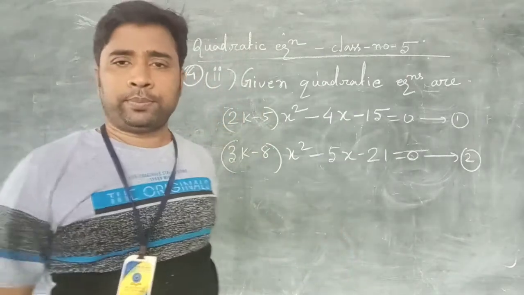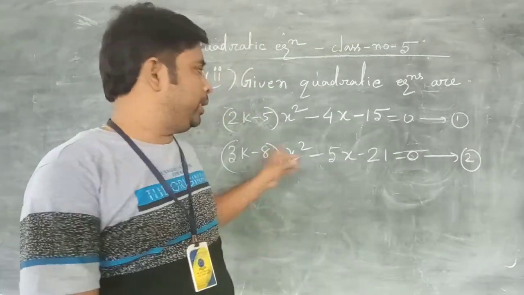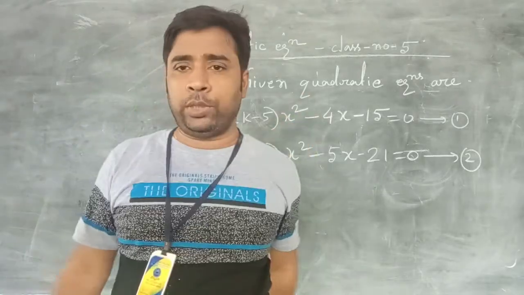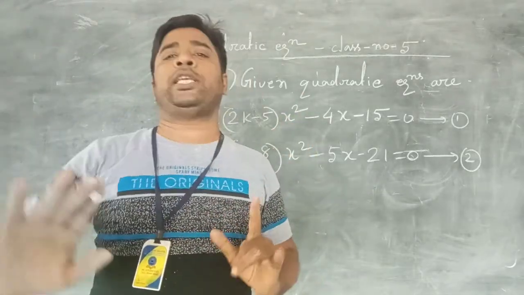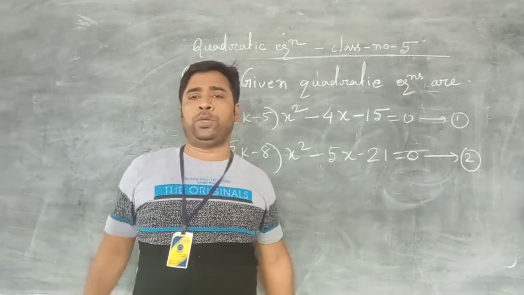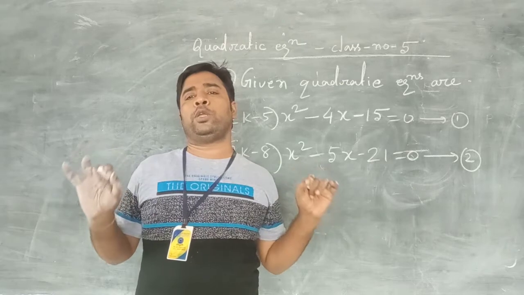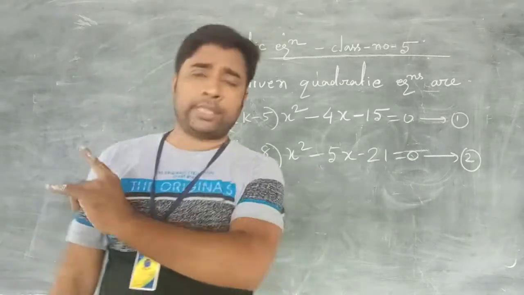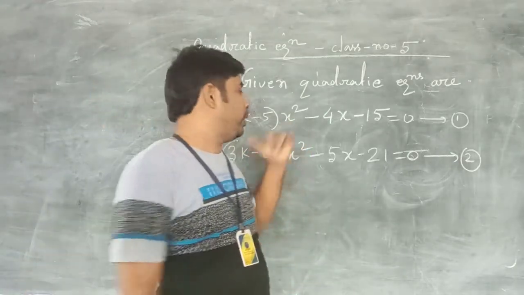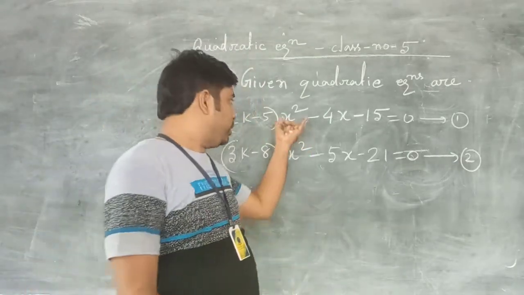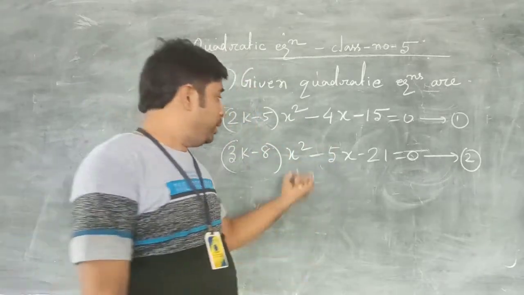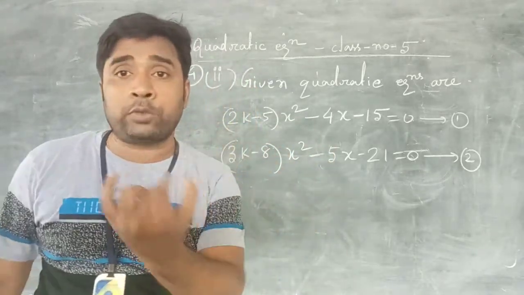Now see what is the technique here. It is given that alpha is the common root. That means if alpha is a root of the first equation, then alpha is also a root of the second equation. If alpha is a root of the first equation, that means the value of x is alpha, so in place of x we can put alpha. If alpha is a root of the second equation, the same way, in place of x we can put alpha.